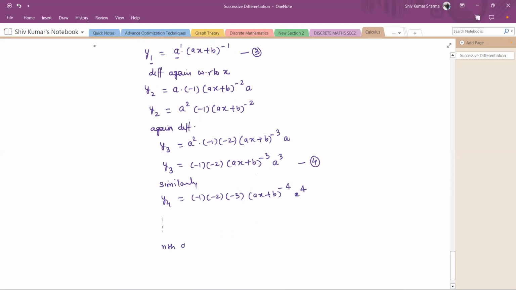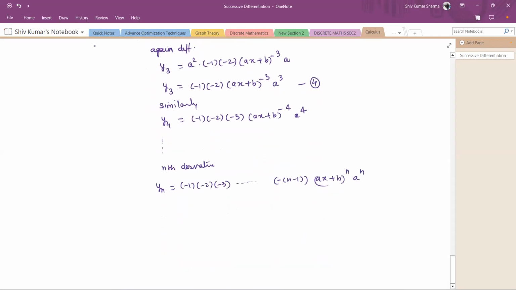So we write down yn. yn is equal to minus 1, minus 2, minus 3, up to minus n minus 1, and this term will be ax plus b raised to the power minus n and a raised to the power n.